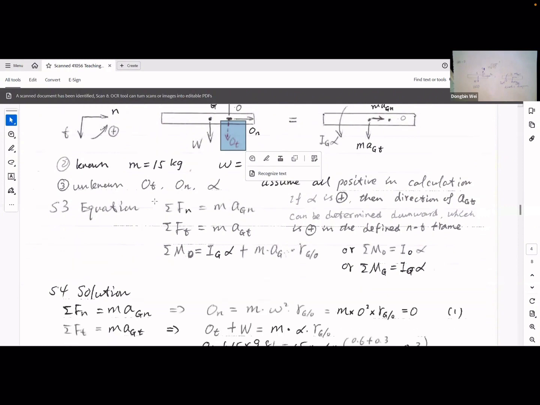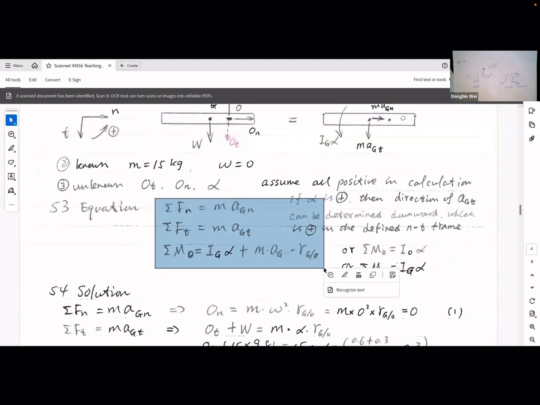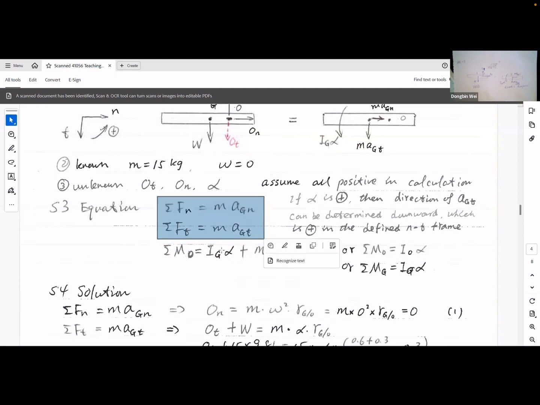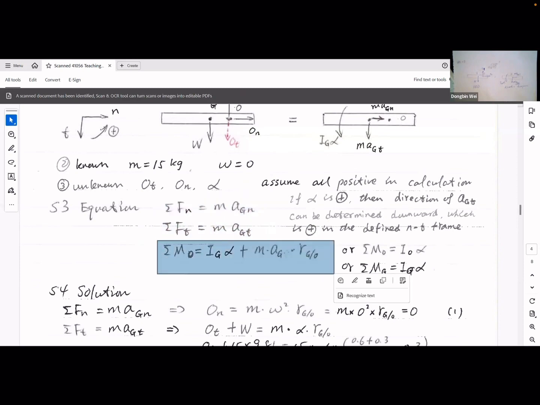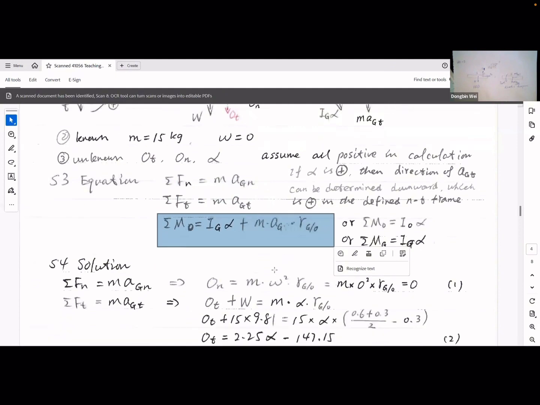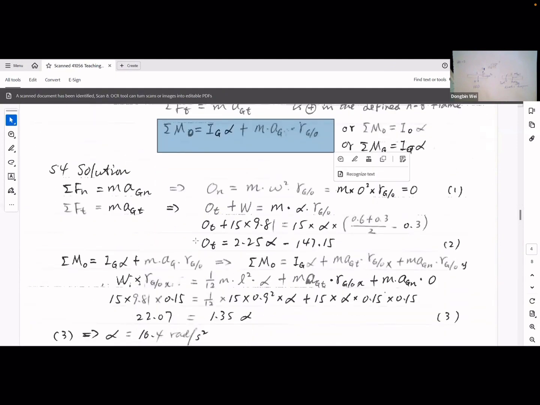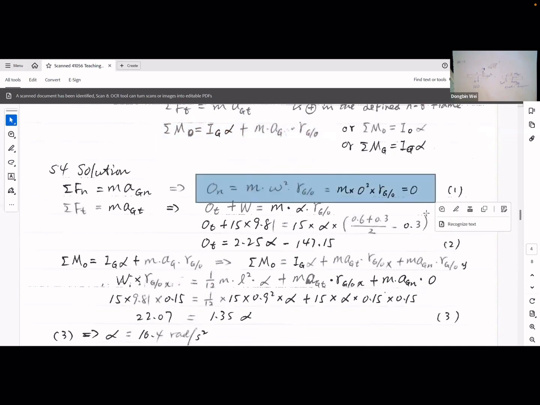Okay, so the calculation won't be very different from before because we are using normal tangential coordinate system. So for translational component, it will be about normal and tangential direction. For the rotational component, we still use point O for our calculation. Okay, again, for n direction, normal direction, it should be 0 because omega at this moment is 0.